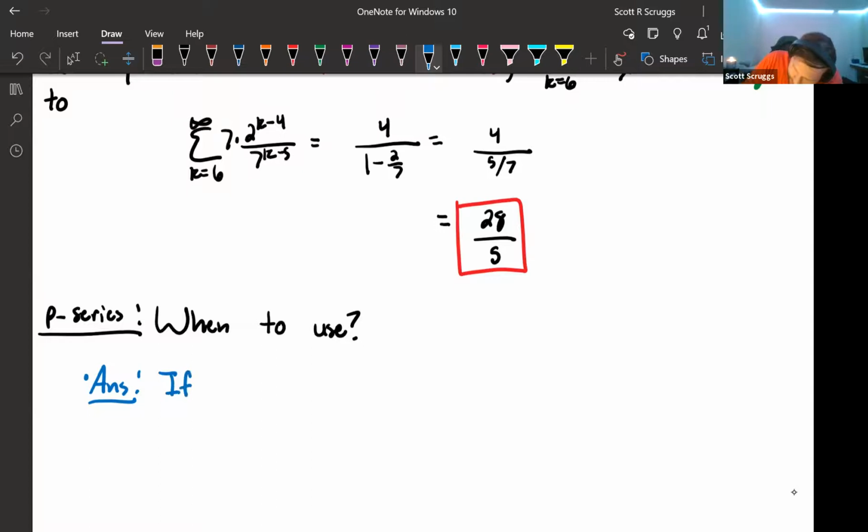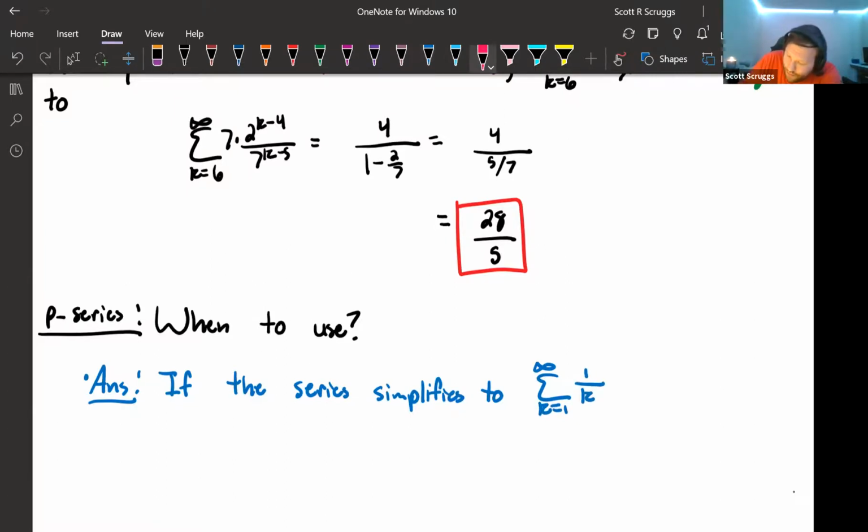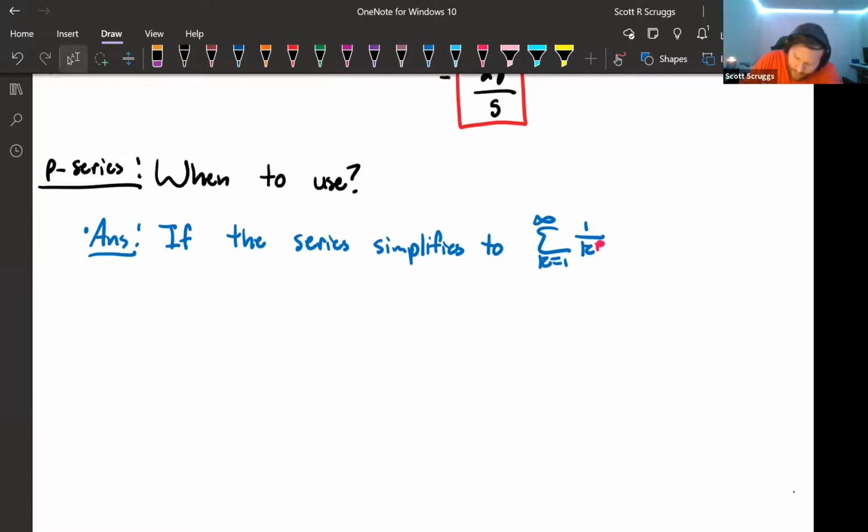And the specific form is if the series simplifies to some series where I have 1 over k raised by some exponent p. If my series can be simplified to that form, that tells me that it's going to be a P series.